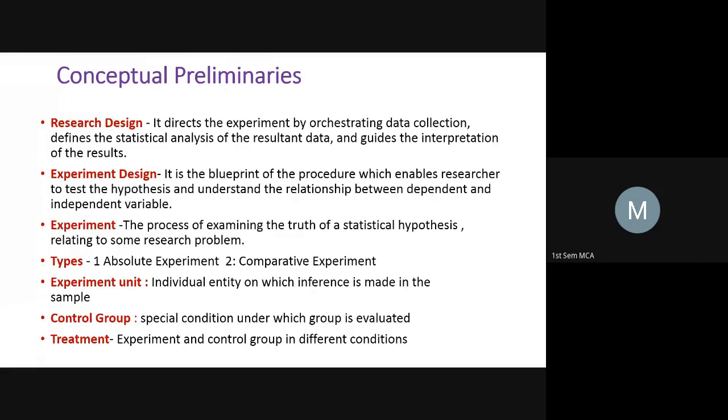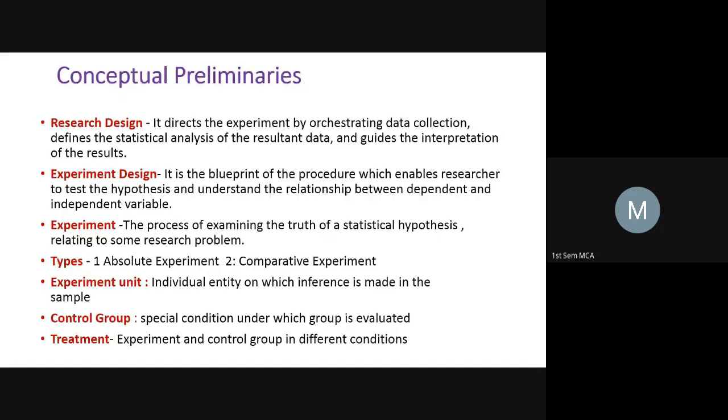Now I'm giving a broad premise about what is a research design. It directs the experiment by orchestrating the data collection. Orchestrating means collecting data from various or multiple sources, which defines the statistical analysis of the resultant data.